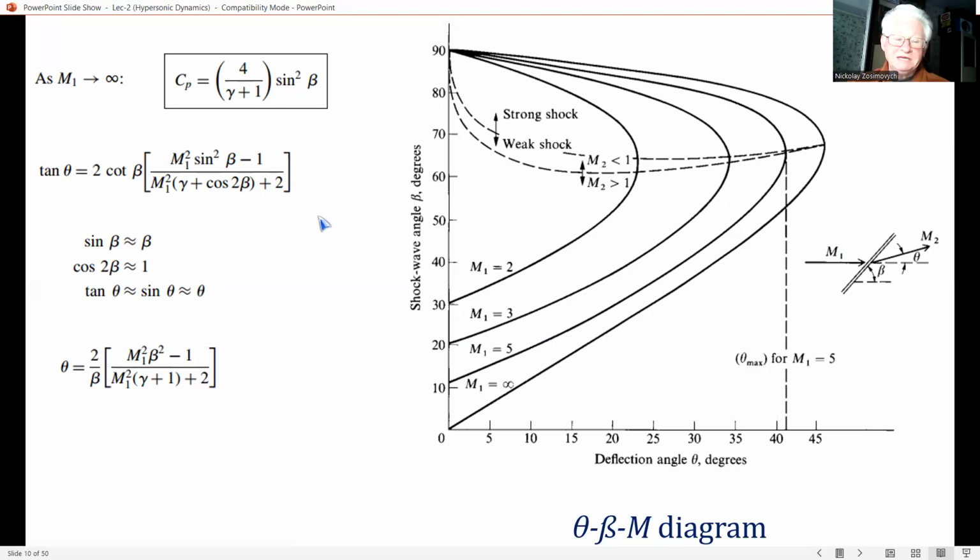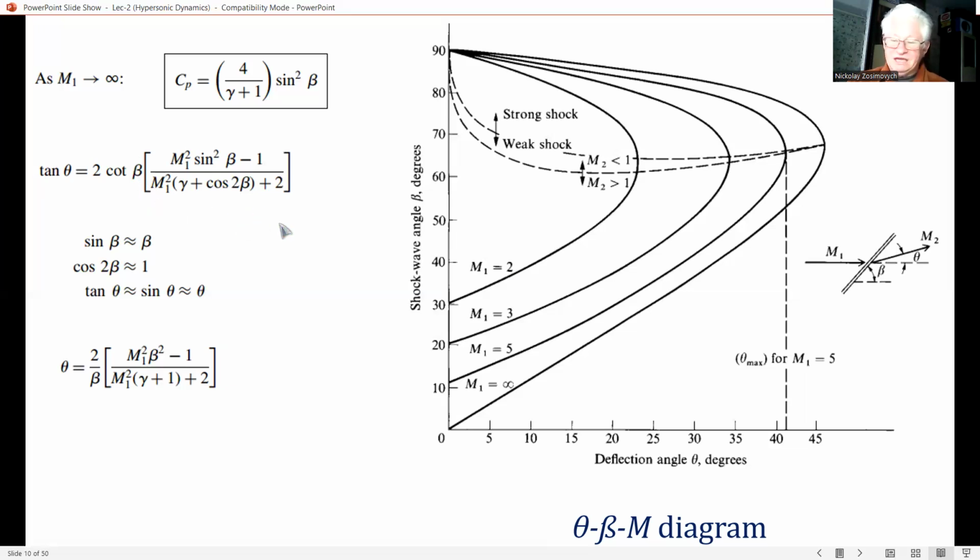So the relationship between Mach number M1, shock angle beta, and deflection angle theta is expressed by the so-called theta-beta-M relation. And exactly we may write this expression for tangent of the deflection angle theta, proportional to cotangent beta, and this expression in the brackets here.